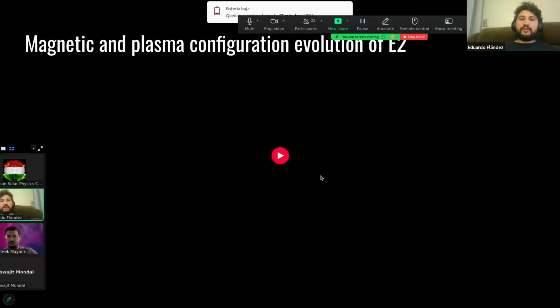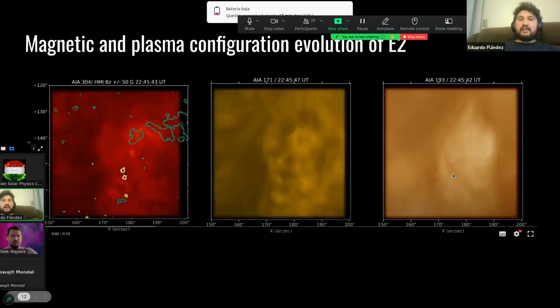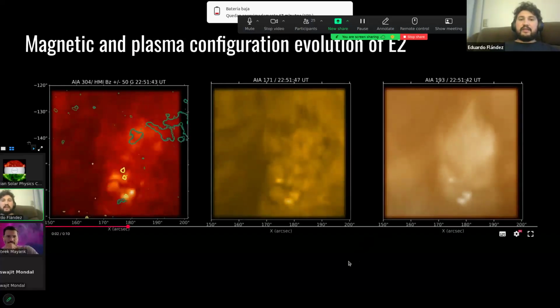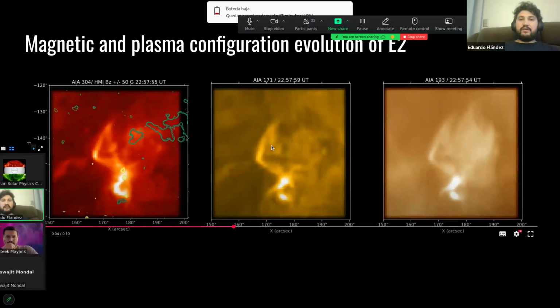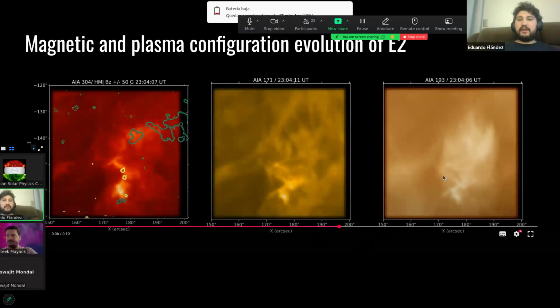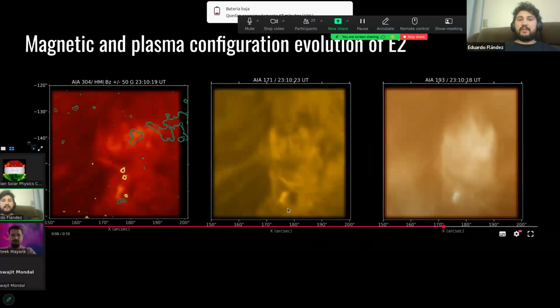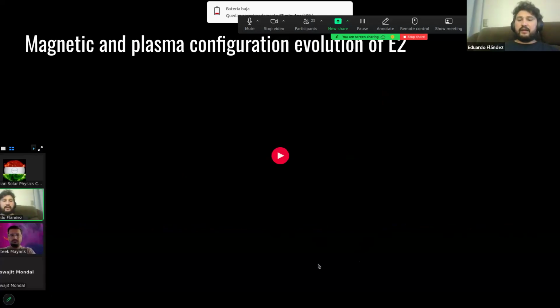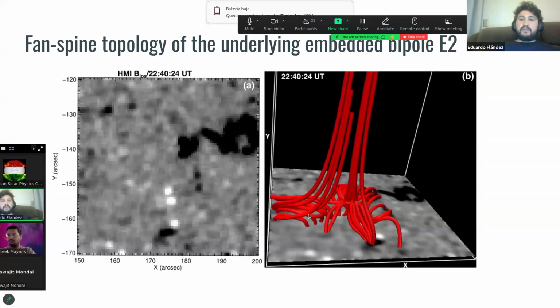Then we try to identify in different channels, and we can identify here, oh okay, this is a jet. It's very clear, a jet. It has the same structure that we know from the theory. And when we plot the magnetic field lines using this model, we identify again an embedded dipole configuration. So this event number 2 corresponds to a coronal jet.